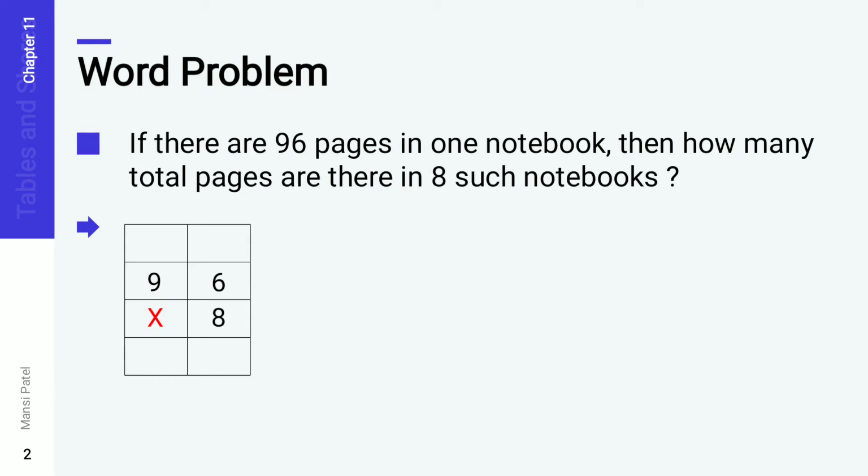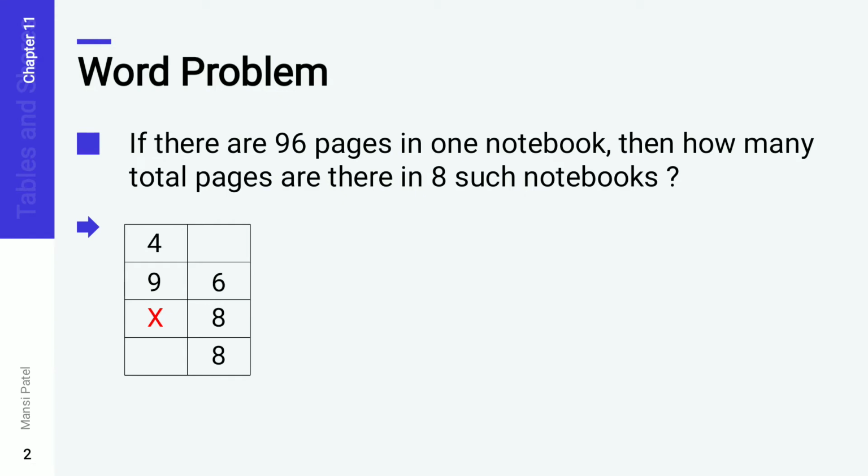Now as we know already, we have to start the multiplication from where? We have to start the multiplication from the ones place. First, we have to do the multiplication of ones place to ones place. So here we have to do 8 multiplied by 6. 8 sixes are 48. So 8 we write down here and 4 on the carry.